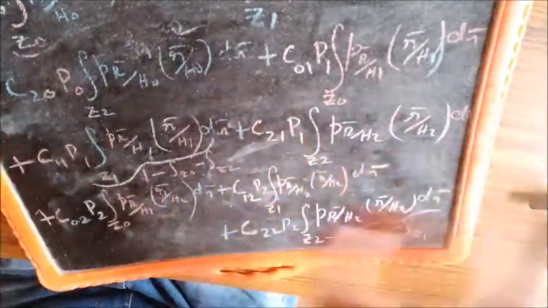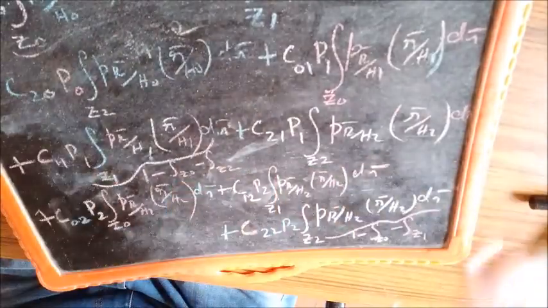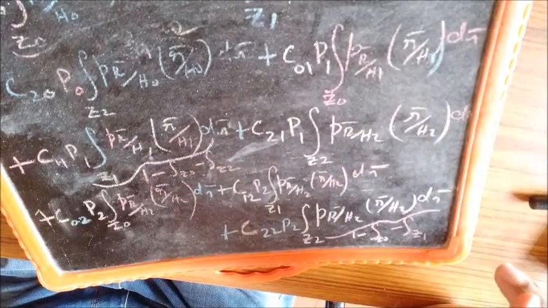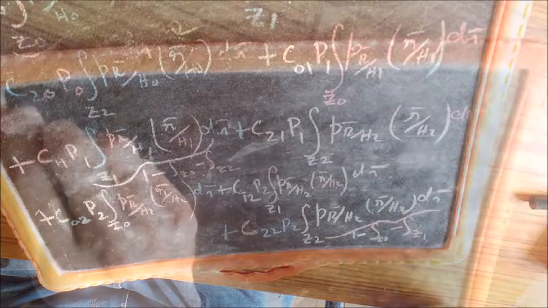So I will not work out all the details. It's a simple regrouping which you can do on your own, and then you can rewrite the risk as I am about to write now.